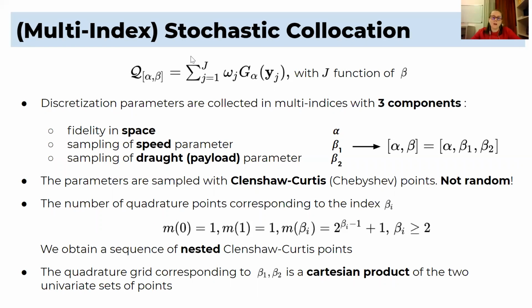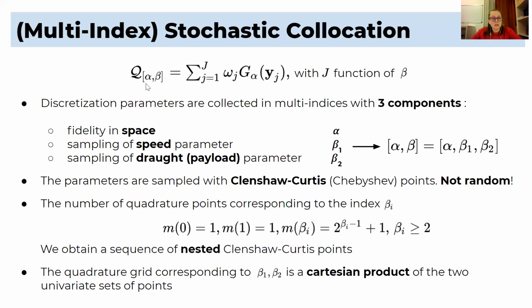I want to again consider this Q of alpha beta. This is the quadrature formula where we use the fidelity indicated by alpha, and the number of sampling points in parameter space is given by beta.